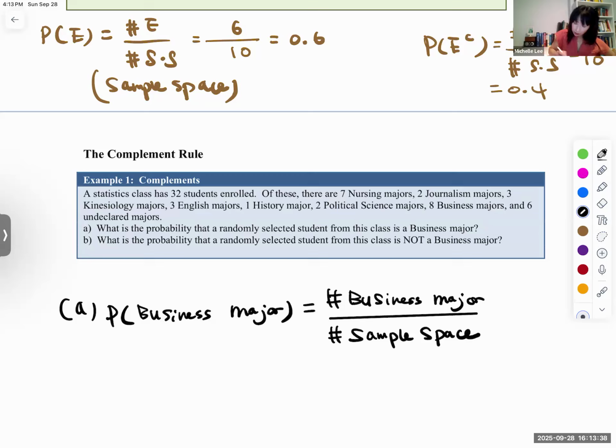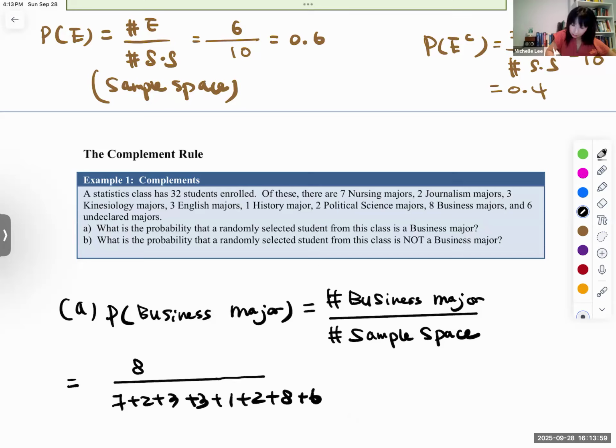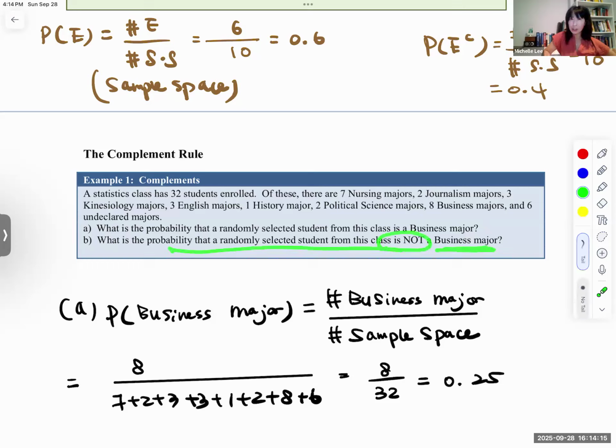How many business? We have 8, so 8 over the sample space. You calculate 7 plus 2 plus 3 plus 3 plus 1 plus 2 plus 8 plus 6, which is 32. So 8 out of 32 is 0.25.